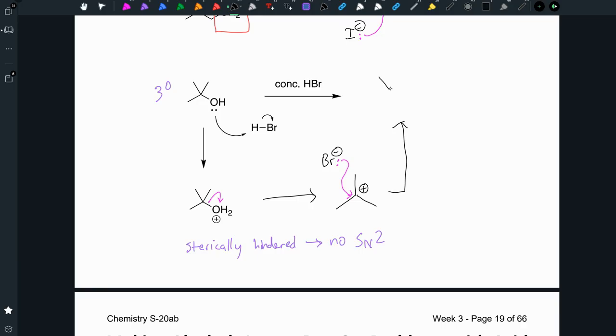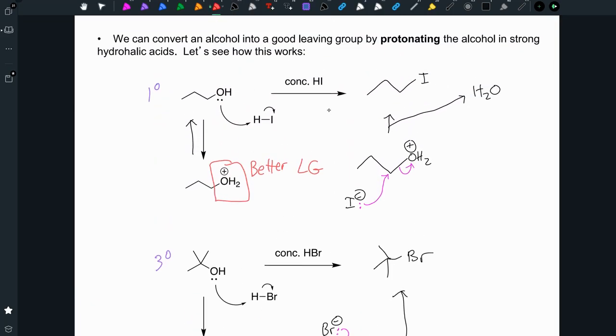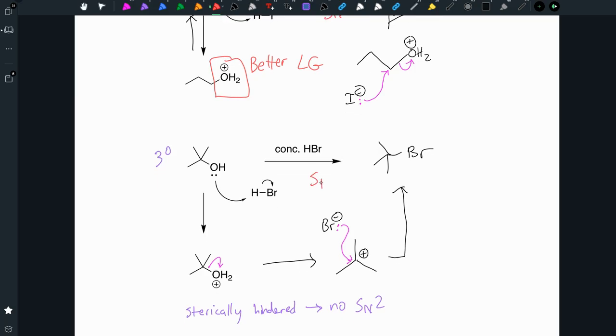So in this case, I'm getting the same result, but this was by an SN1 mechanism. So this was SN2 because it was primary. This one's SN1. But the bottom line is I can protonate an alcohol, make it a better leaving group, and then I can do some substitution with it.